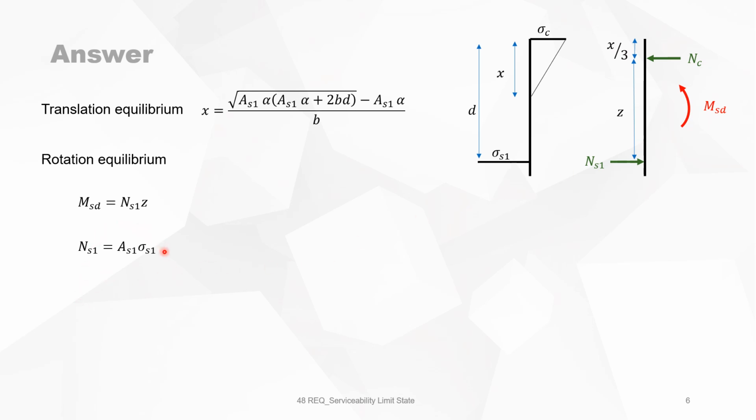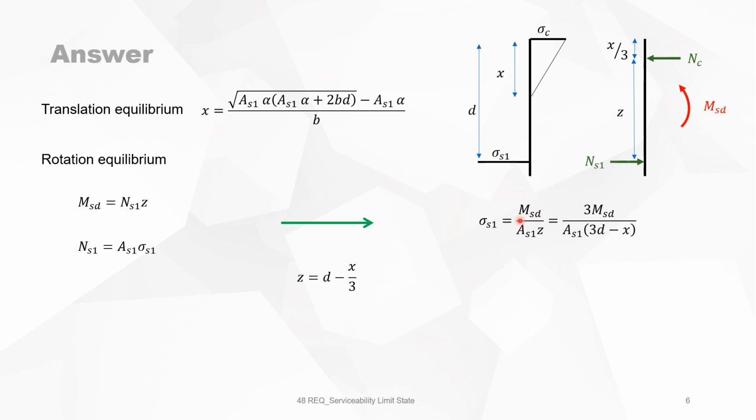NS1, we know that is the cross-section of the steel times the stress. And Z is equal to d minus X over 3, because this is X over 3.